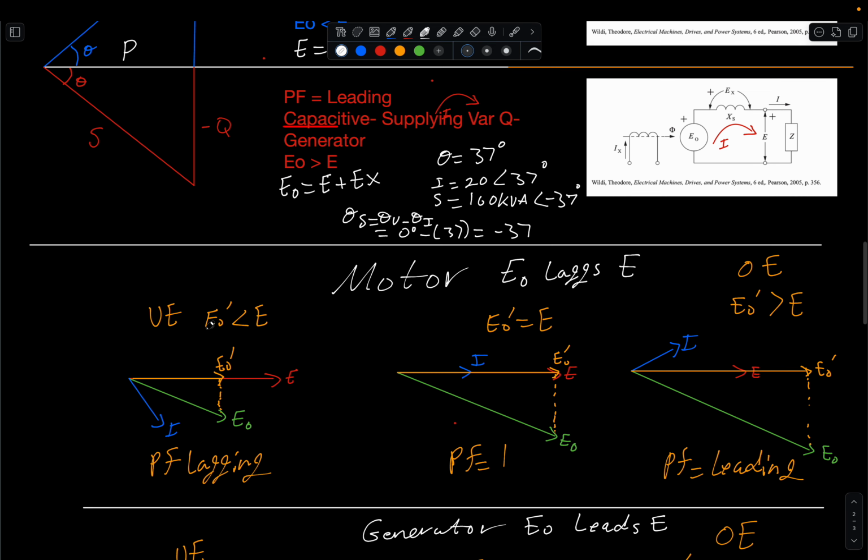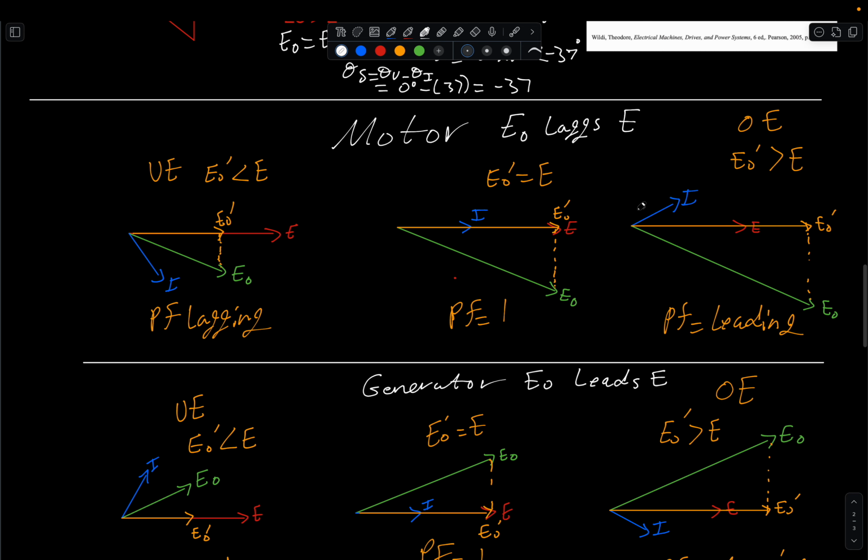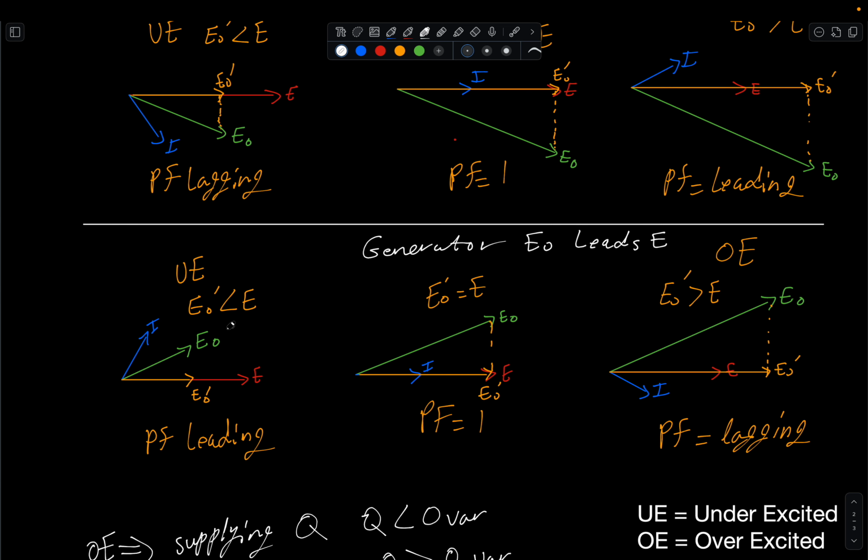If you go down here, keep in mind that when you think of a motor, your internal voltage lags the terminal voltage. When you think of a generator, your internal voltage leads the terminal voltage. Depending on the magnitude and the real value of your internal voltage compared to the terminal voltage, you can classify each system as underexcited or overexcited.